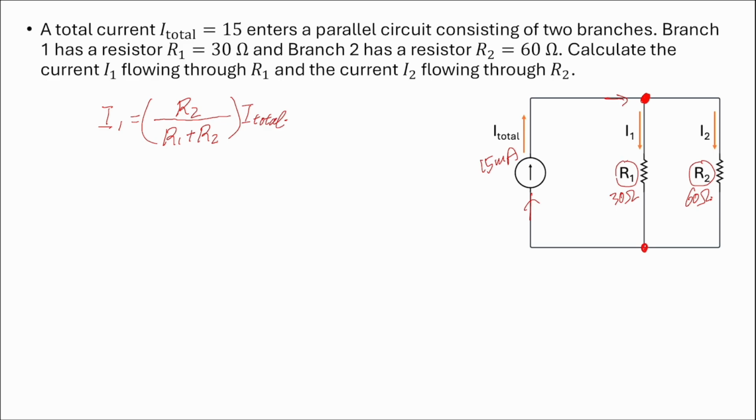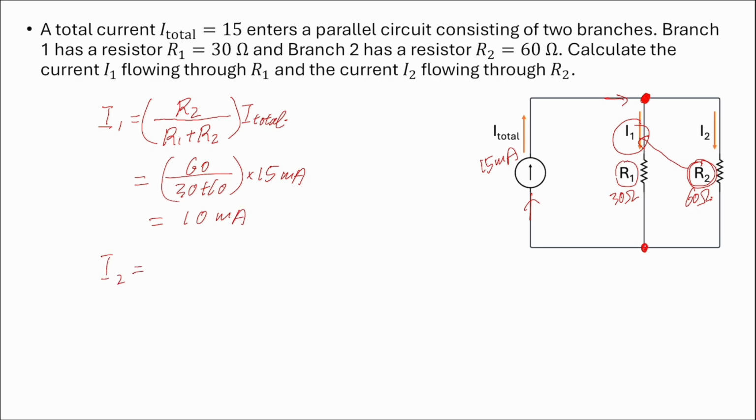It means the R2 here tells you how much current passes through R1. So if we plug in, R2 is 60 over 30 plus 60, times 15 milliamp, and you will get 10 milliamp.